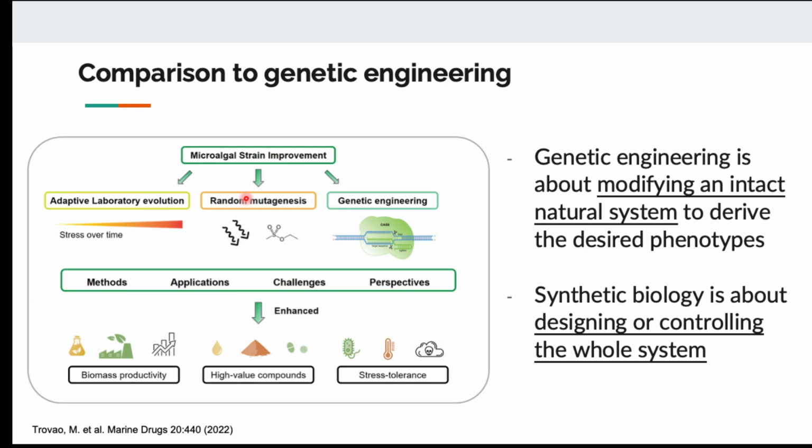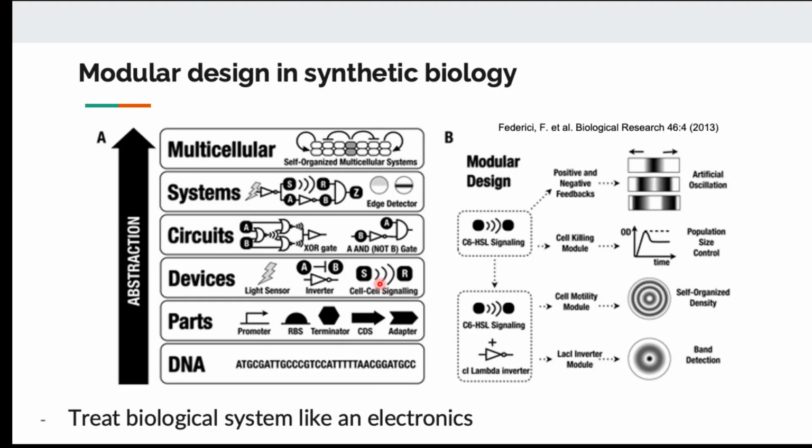In contrast, the goal of synthetic biology, when it became a new field, is about designing and controlling the whole system. You want to know what goes on inside the cell, not just modify one pathway or one function. So you need some tools to be able to do that. In synthetic biology, they organize how they view cells in terms of a hierarchy.